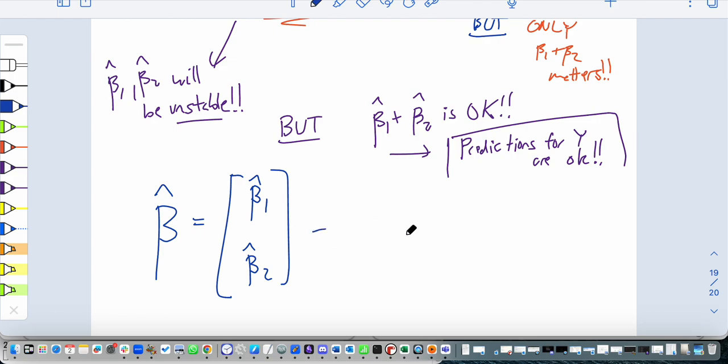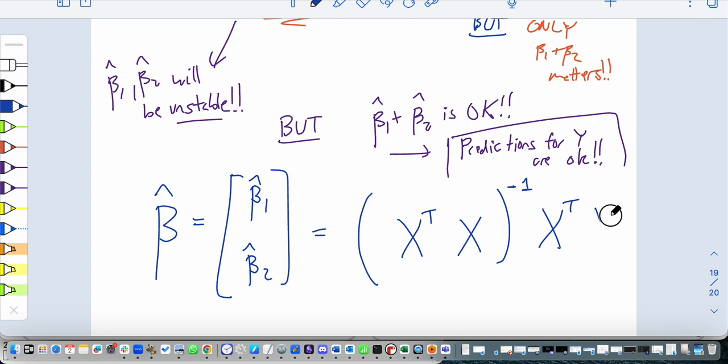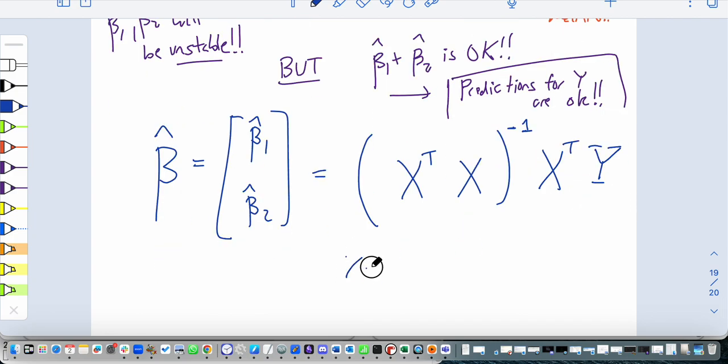And I'm going to write it like this. It's going to be x transpose x inverse times x transpose y, where x is the matrix.